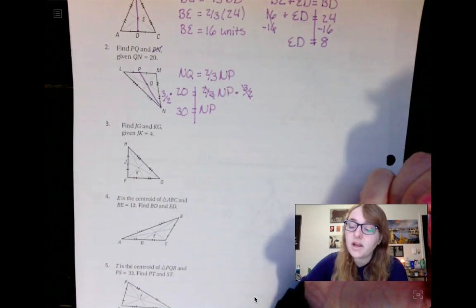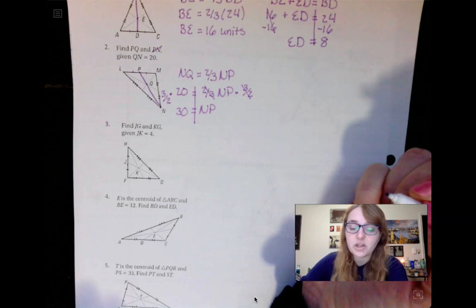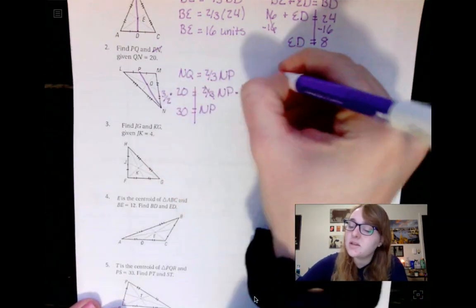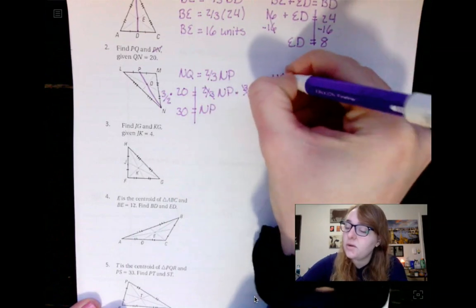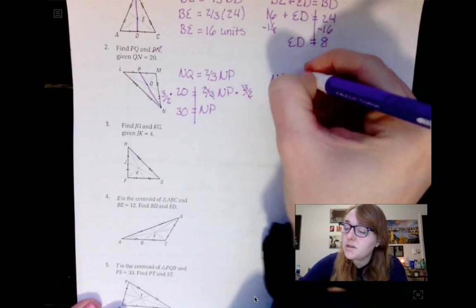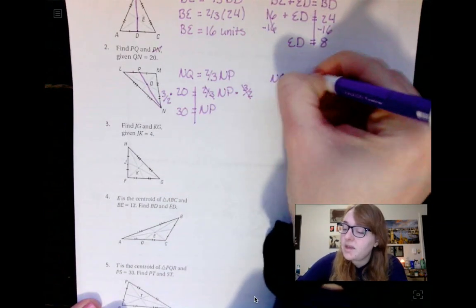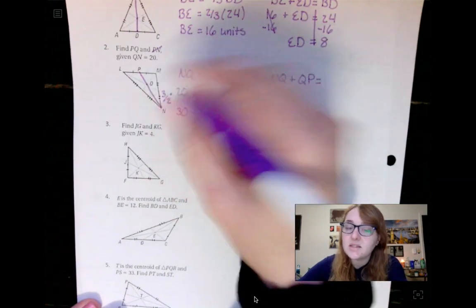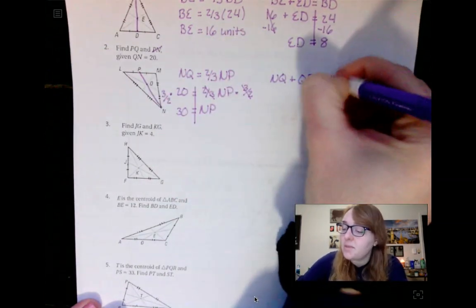And now we're going to find PQ by setting up that segment addition postulate piece. First chunk, vertex to centroid, NQ, plus centroid to midpoint, QP, is equal to the whole thing, vertex to midpoint, NP.